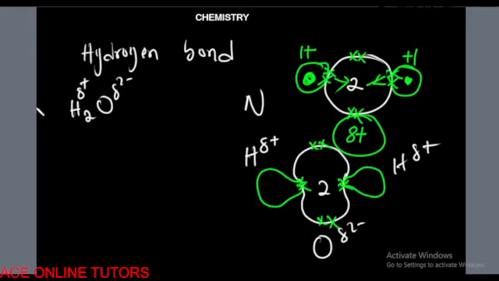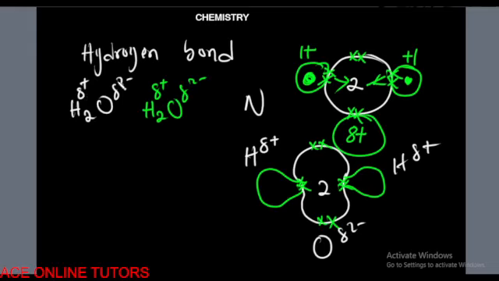Now what this means is that if we have another water molecule, which is also H2O, this will also have a partial positive charge and a partial negative charge. What do you think is going to happen? The partial negative charge that we have here will be attracting the partial positive charge that we have here, and this partial positive charge will be attracting the partial negative charge here.